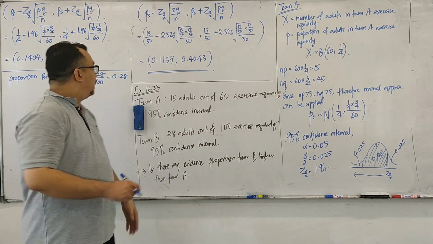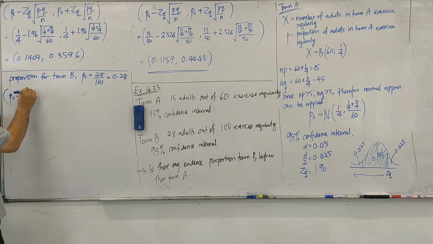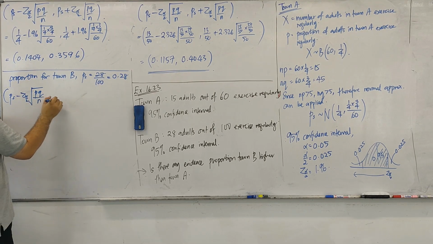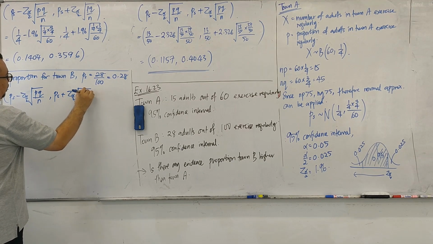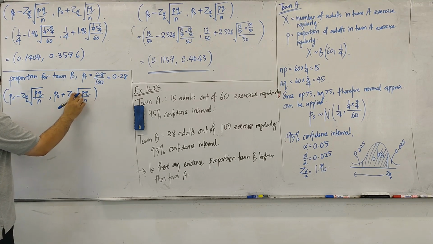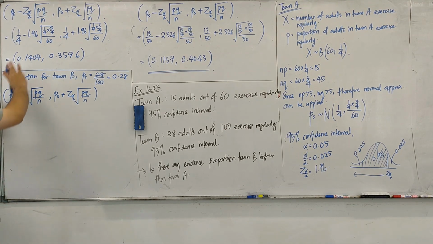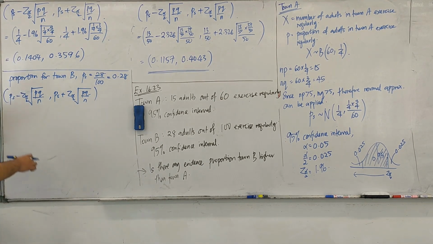So the steps are all the same, so we can straight away jump to here. Okay, so PS minus Z alpha over 2 square root PQ over N, PS plus Z alpha over 2 square root PQ over N. This one PQN adalah untuk town B. Okay, and then the rest are the same as town A because we are taking the same confidence interval level.